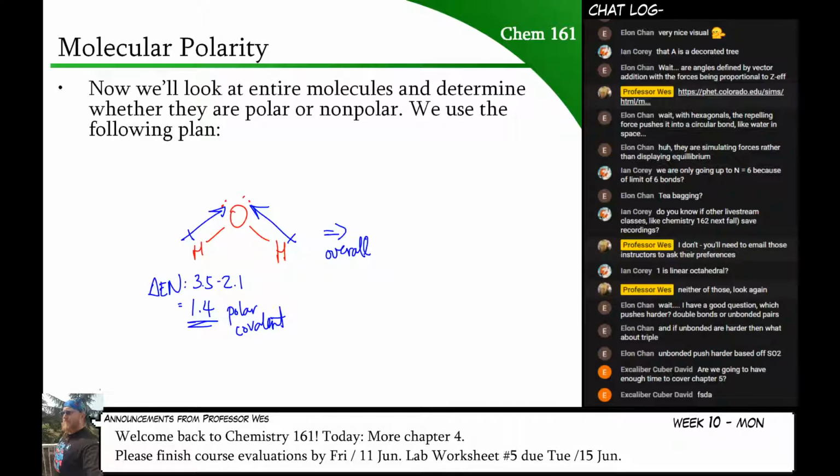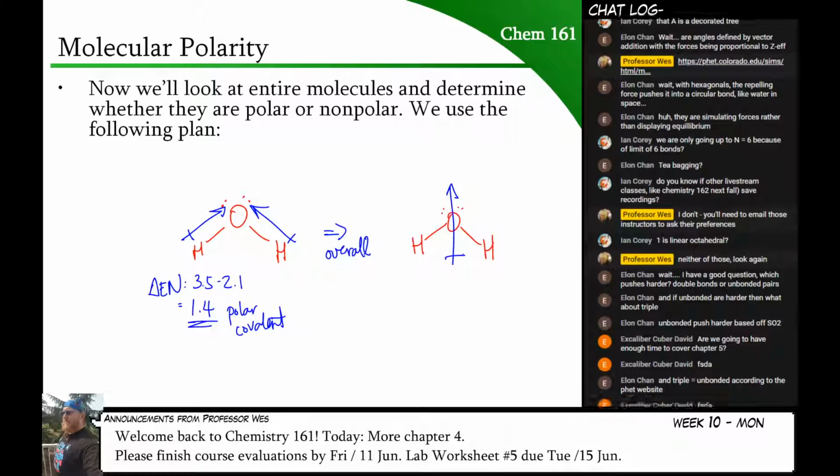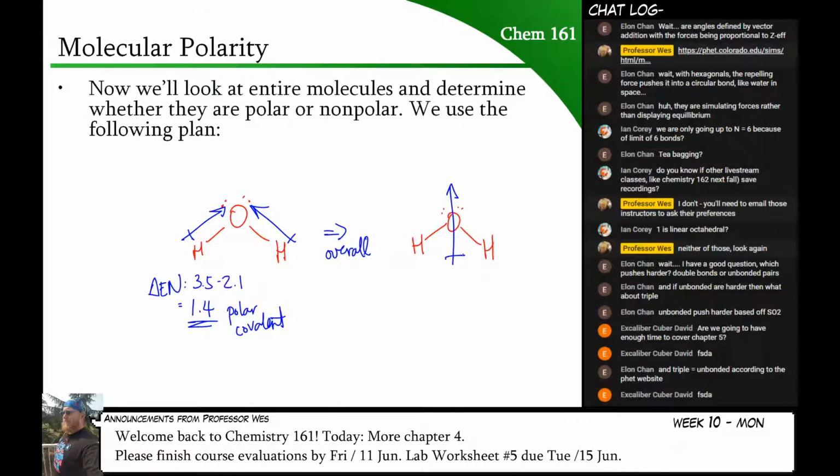But we're going to see that overall, on my water molecule, those two vectors should end up summing together to make something that looks like this. All right, so that's where we're going tomorrow.